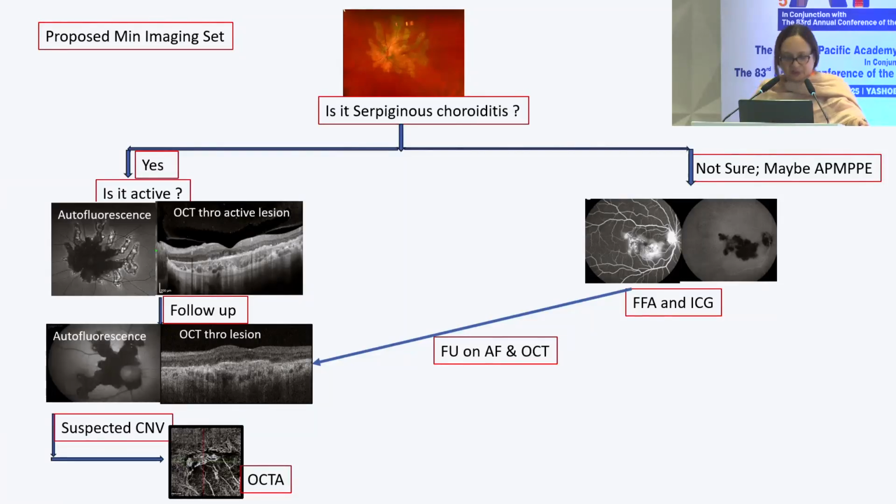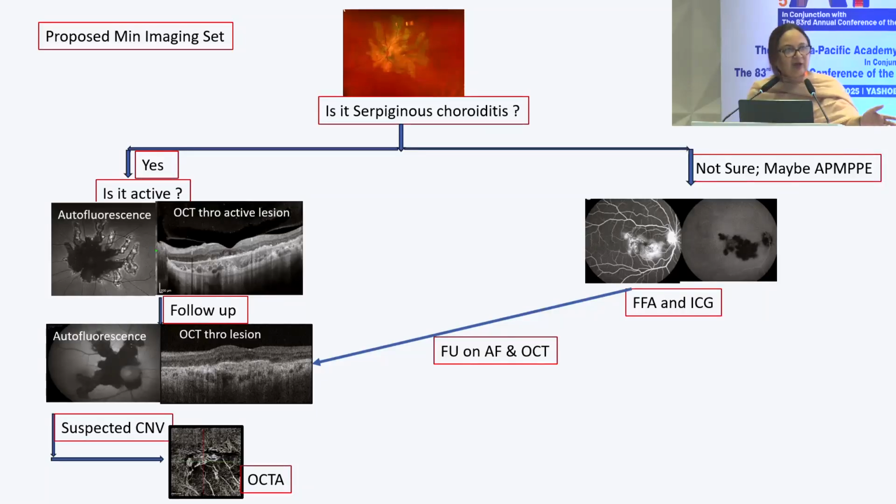So the first question, when you see a patient: the color photo or the clinical exam is equivalent. You look at the image and you ask yourself, well, it looks like a serpiginous choroiditis, and you are quite confident, yes, this is serpiginous choroiditis. You do not need any multimodal imaging to tell you whether it is serpiginous or not.